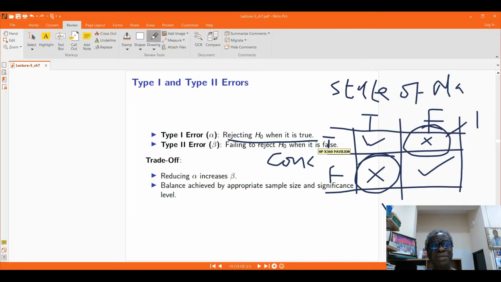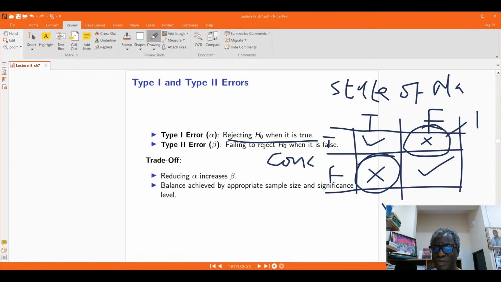The alpha is actually the probability of committing type 1 error, and beta is the probability of committing type 2 error. So you must understand these two errors in hypothesis testing. If there's any question, let me know. Good.